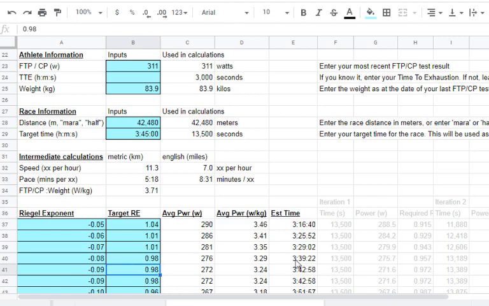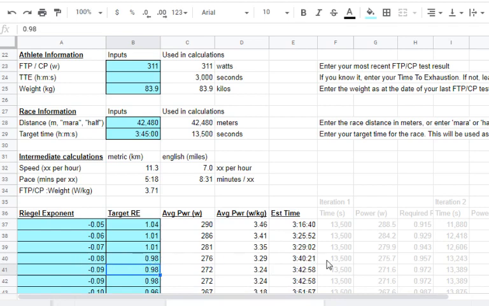His marathon time was 3:40:15, and he averaged 276 watts for that. This is the closest number. Actually, if I change this to 0.76 here, which still rounds up to 0.98, it comes a lot closer to his actual time. So we'll just leave that one in there.